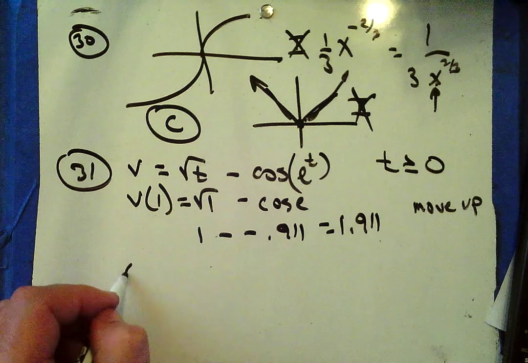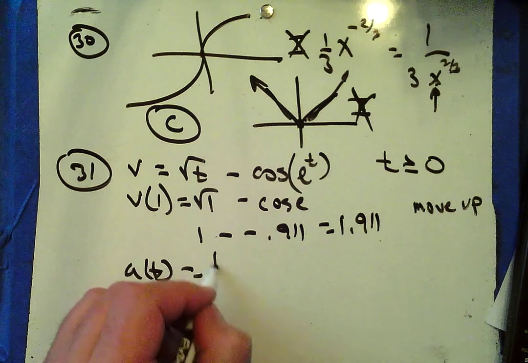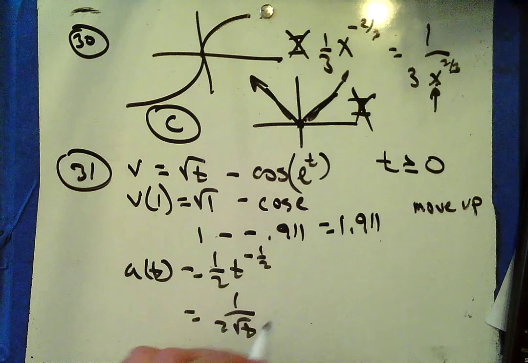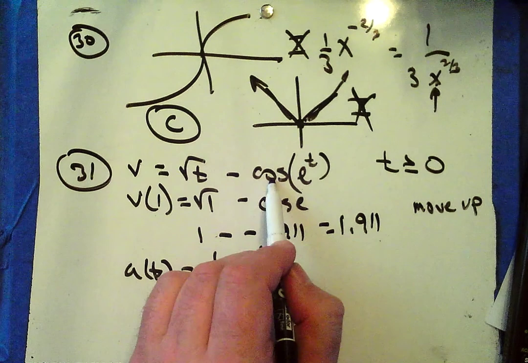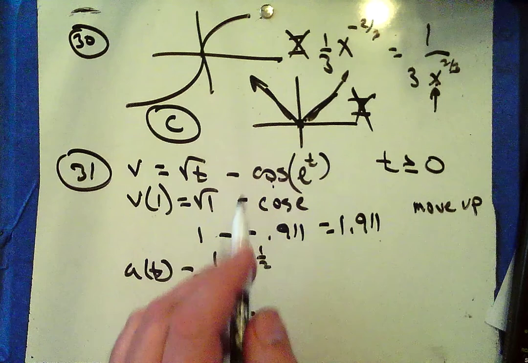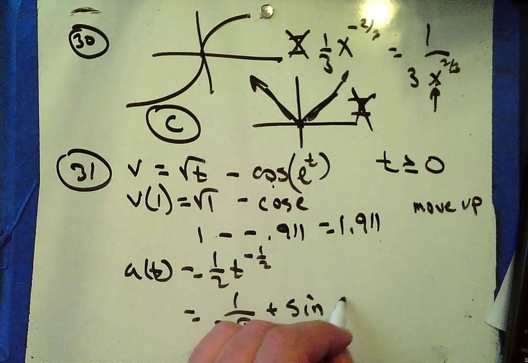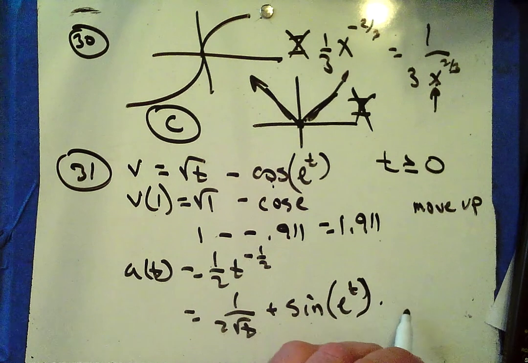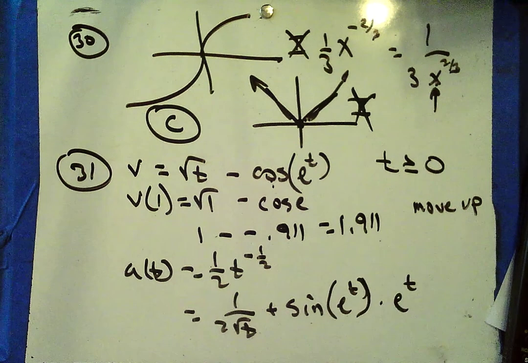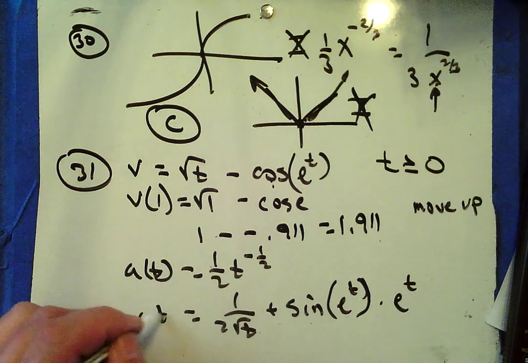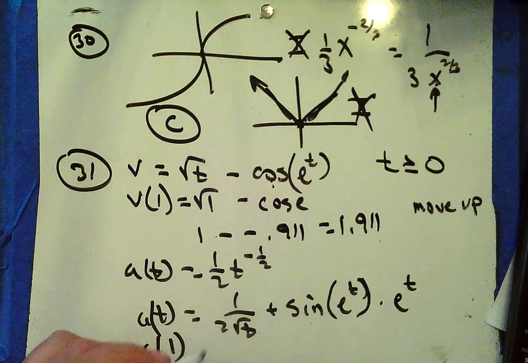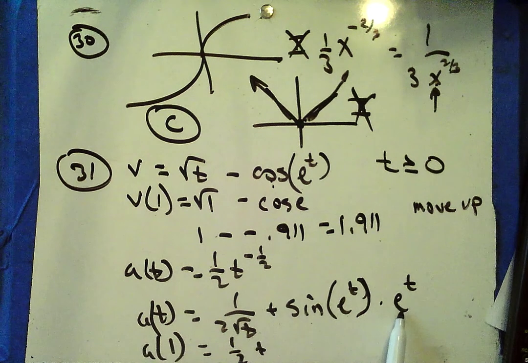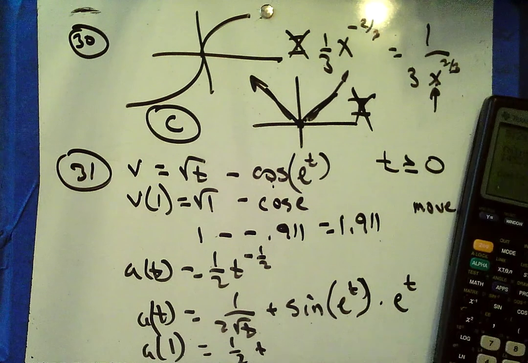And what about acceleration? A of t is going to be 1/2 t to the minus 1/2, or 1 over 2 root t. The derivative of cosine is minus sine, so I have plus sine of e to the t times the derivative of that inside function, e to the t. Okay, that's a of t, but I want a of 1, so that gives me 1/2 plus e to the 1 is e, so I want e times sine e.